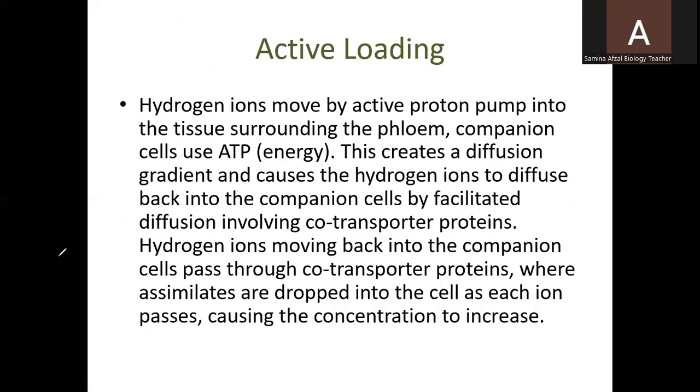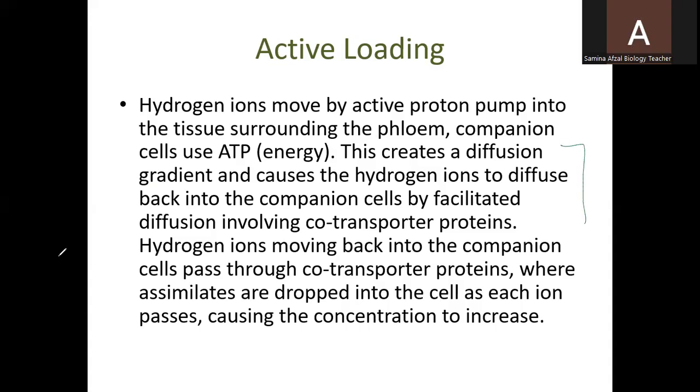Due to their movement, a diffusion gradient is created, that is, the concentration of hydrogen ions is increased outside. So it causes the hydrogen ions to diffuse back into the companion cells by facilitated diffusion involving co-transporter proteins.